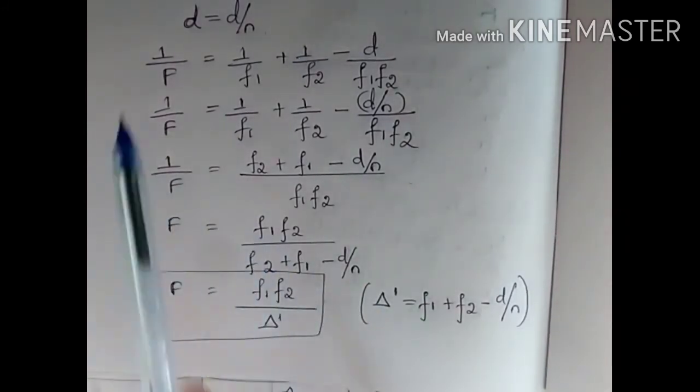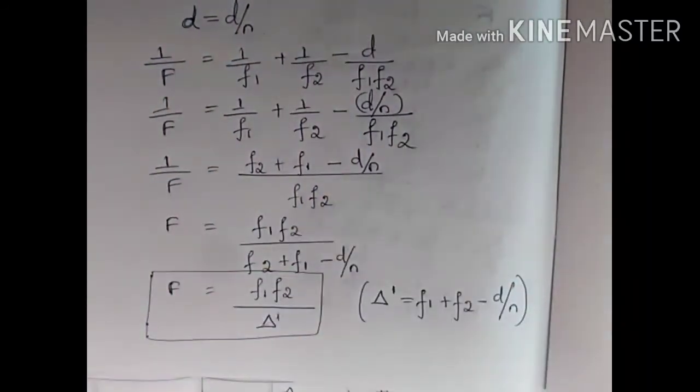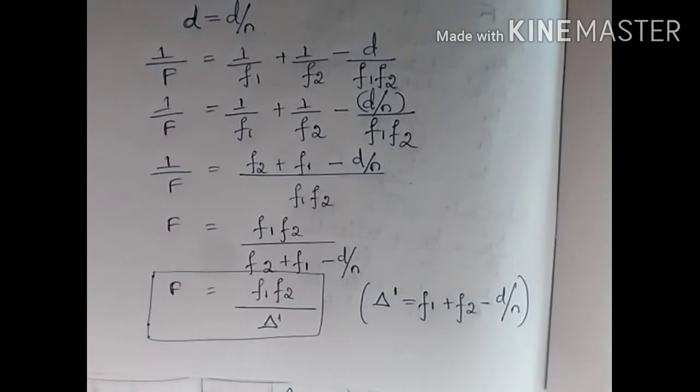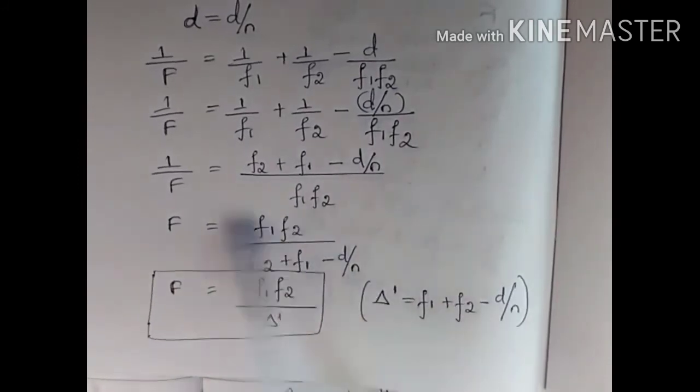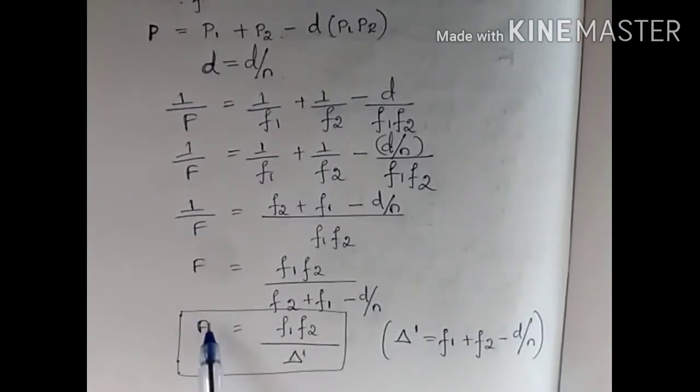We are directly substituting d by n in this equation and observing the change in the focal length that occurs when you insert a medium of refractive index n between the two lenses. So d will get divided by n. So the final equation is f equals f1 f2 divided by delta prime.